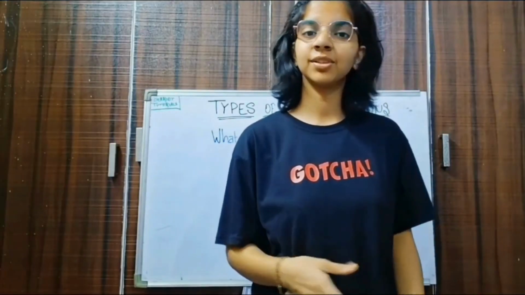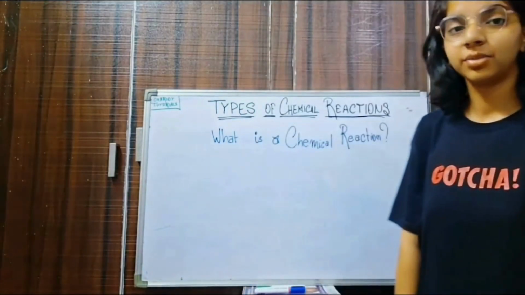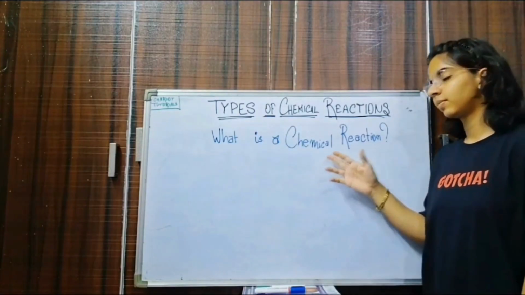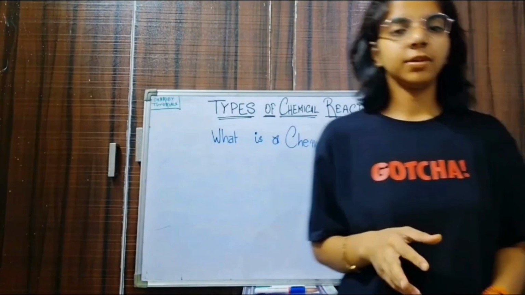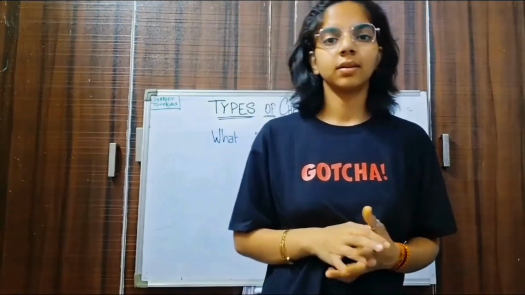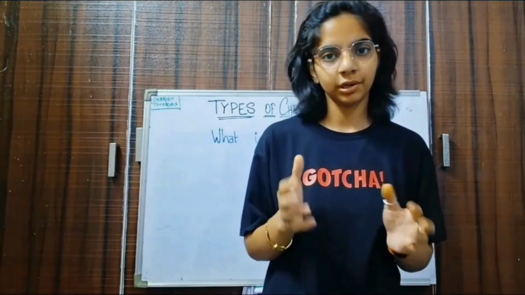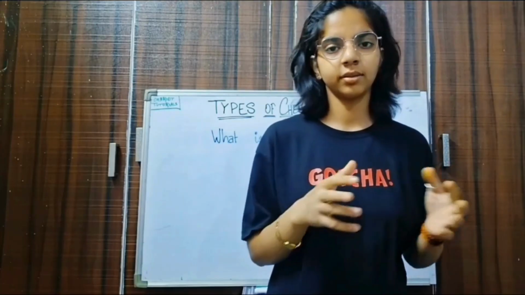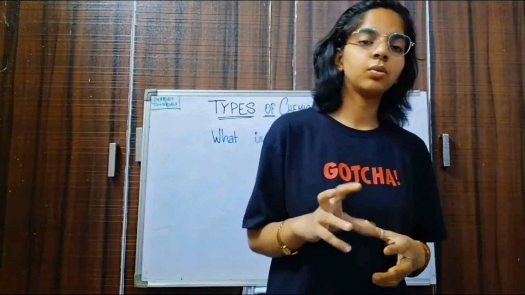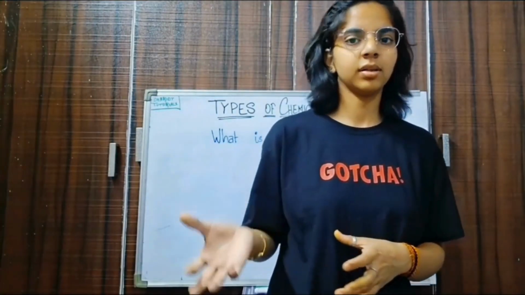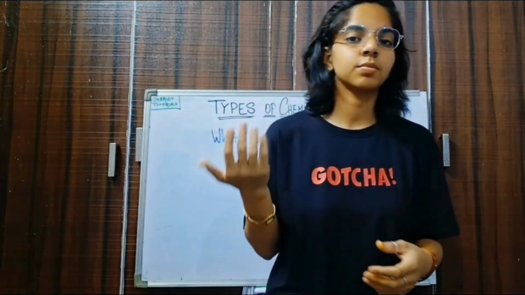So let's begin with today's lecture, and first of all we will cover what a chemical reaction is. It is a chemical change, when one or more substances undergo chemical change and get converted into two or more substances, or one single completely different substance.